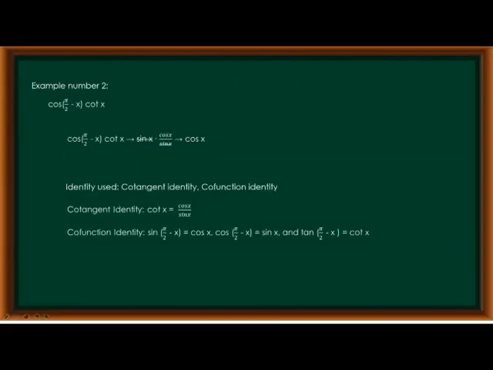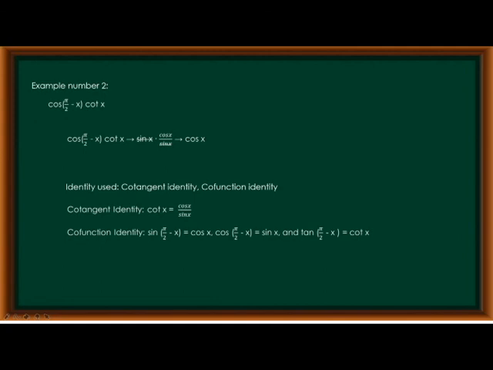Example number 2. Cosine of pi over 2 minus x times cotangent x. So in this expression, we're going to use the cotangent identity and the cofunction identity. So the first thing that we're going to do is to use the cofunction identity and the cotangent identity. So cosine of pi over 2 minus x has the same value as sine x, and cotangent x has the same value as cosine x over sine x.